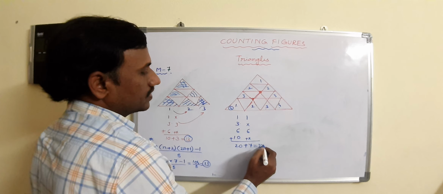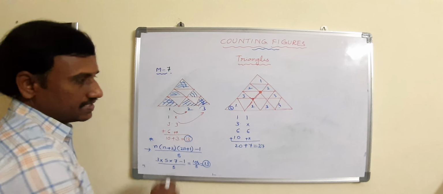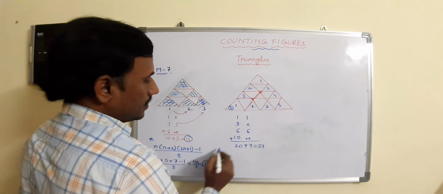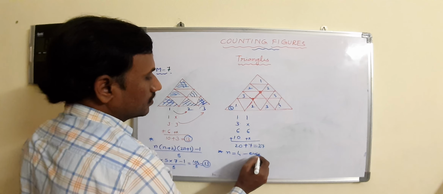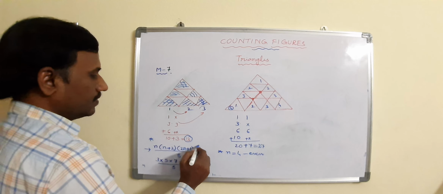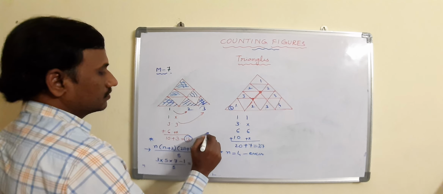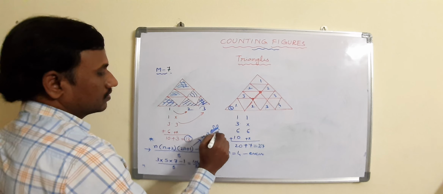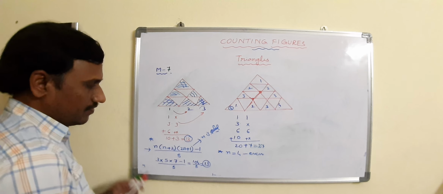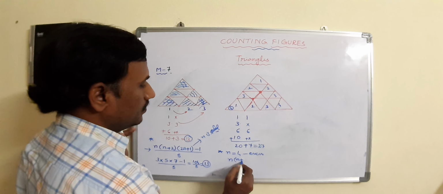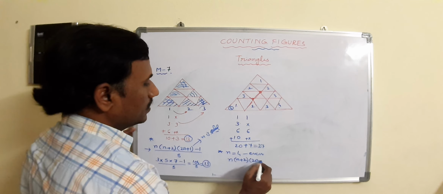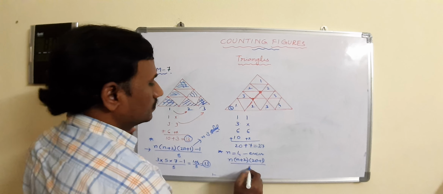Total how many triangles do we have? 27. Now we'll check through the formula. Here the number of partitions n is 4, which is even. The formula we saw is for odd n. If n is even, a simple modification is needed: n into n plus 2 into 2n plus 1, by 8.